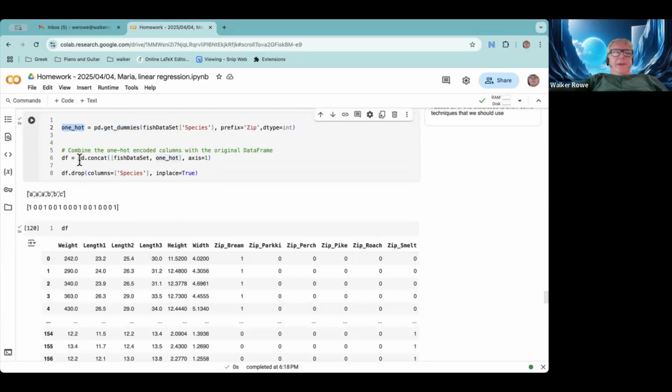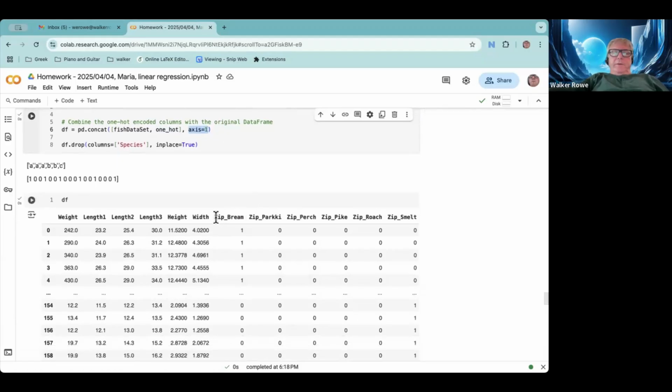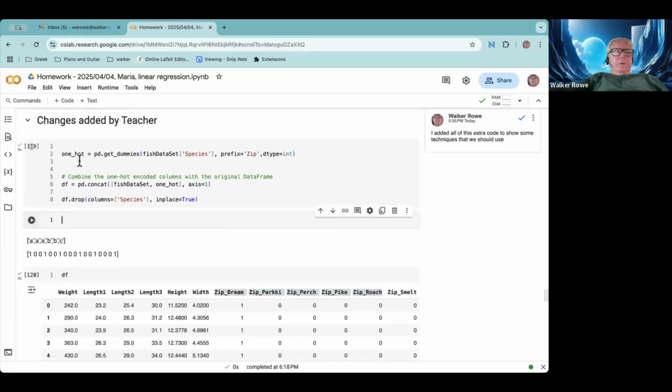Then we use pandas concatenate to add the two together. Axis equal 1. We want them as columns, not rows. Okay, and then it's adding here, right? So this is one hot coded. We can look at it like this. If I just go one hot.